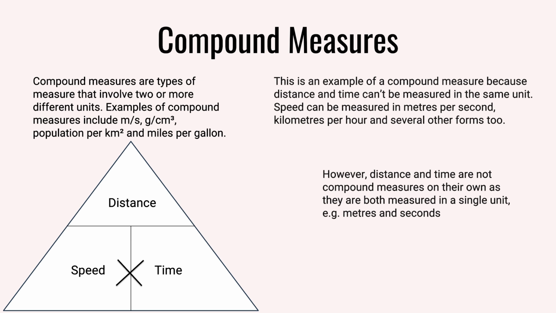So speed is a compound measure because speed can be measured in meters per second, kilometers per hour, and several other forms too. However, distance and time are not compound measures on their own, as they can both be measured in single units, say meters for distance and seconds for time. But speed has to be two of them, which is meters per second.